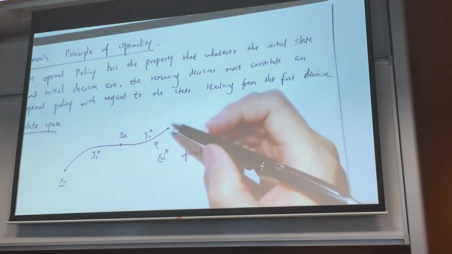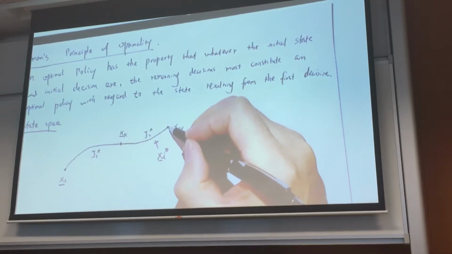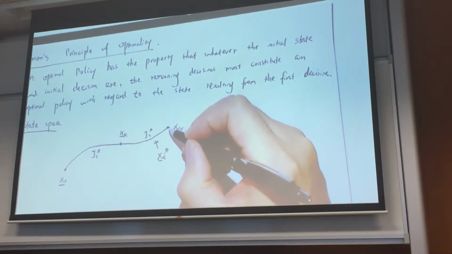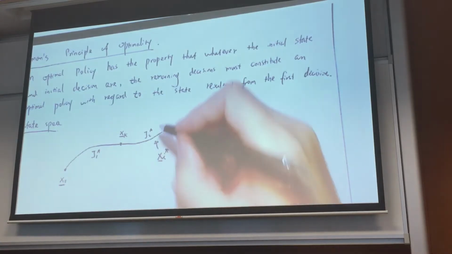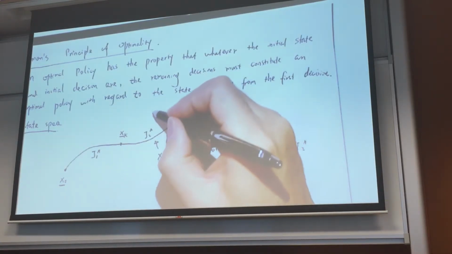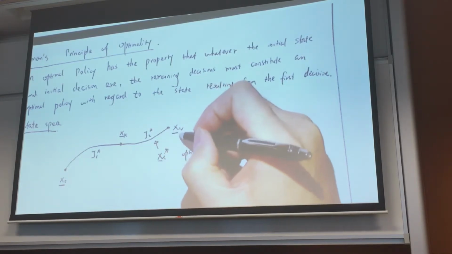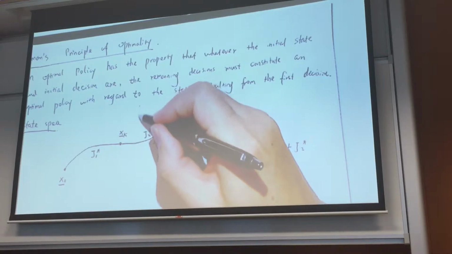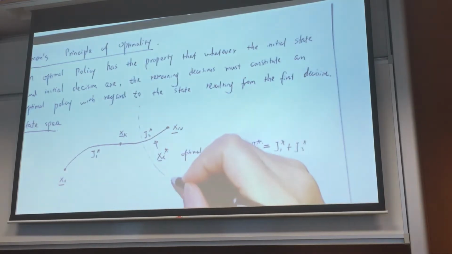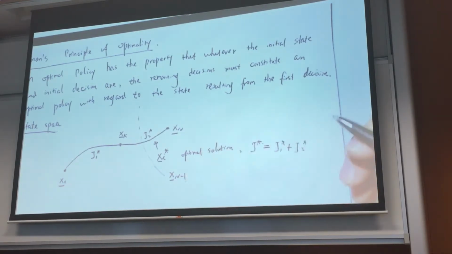The idea is like this. We start from the final state. Then we can try to solve the immediate previous state. So we start from xn, and we can try to solve, for example, xn minus 1.